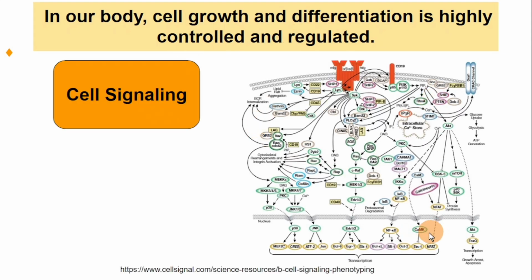This image shows the level of control, the intracellular signaling that keeps on going every time. You will study this in higher classes if you pursue a master's in science, especially molecular biology, and a PhD in cell biology, molecular biology, immunology, stem cell research and cancer research. This is just to give you an idea of the level of control a normal cell has.